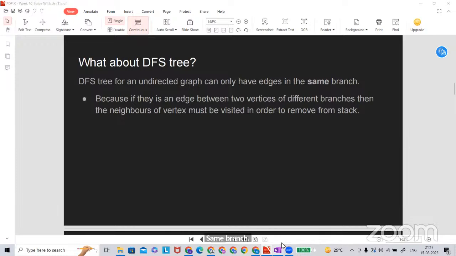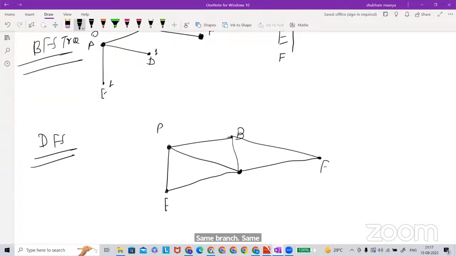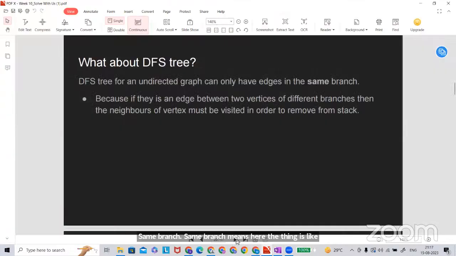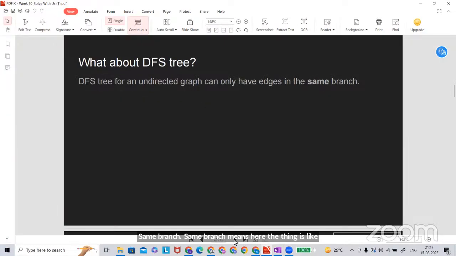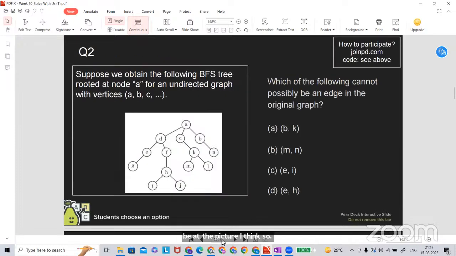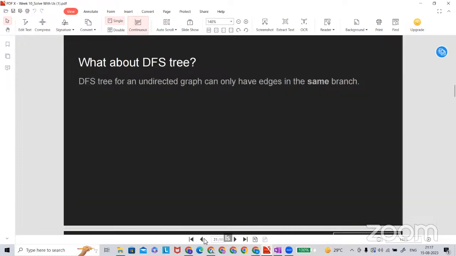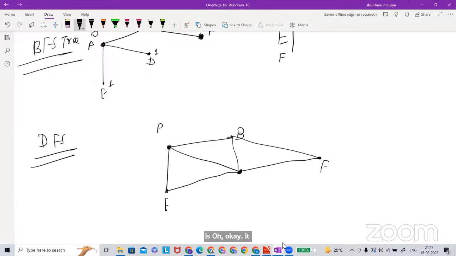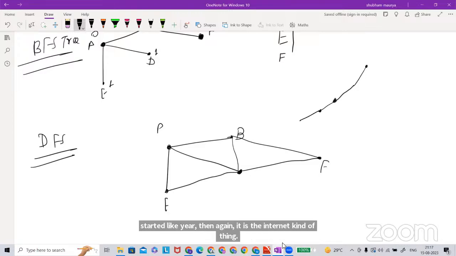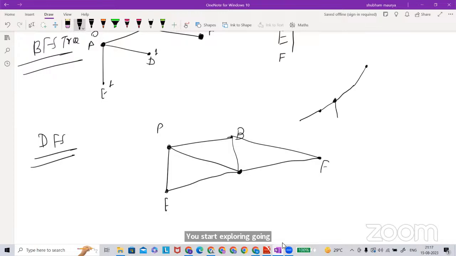Same branch means, let me see the next picture. DFS is a kind of algorithm where you start exploring, go in and go in, like this kind of thing. It is in the same branch.